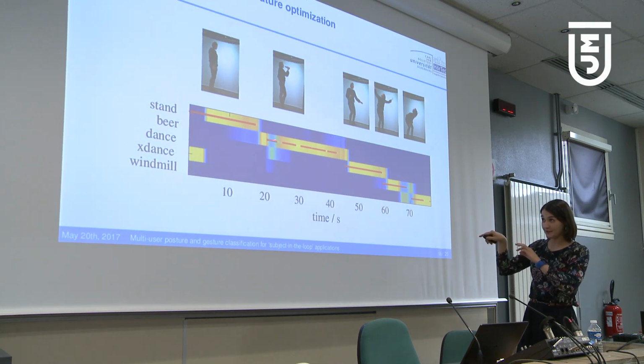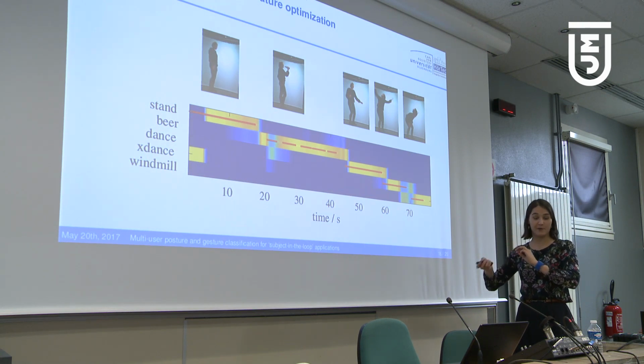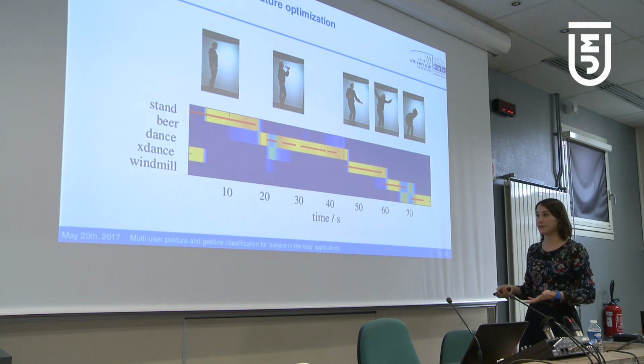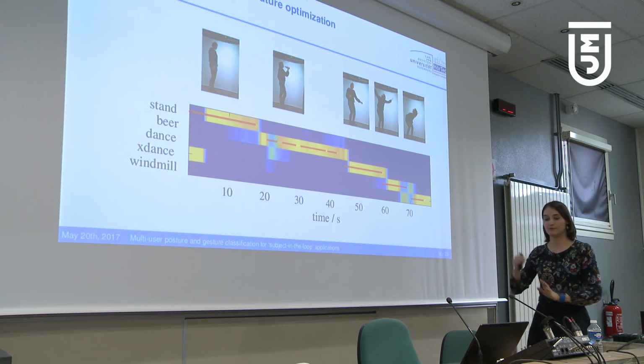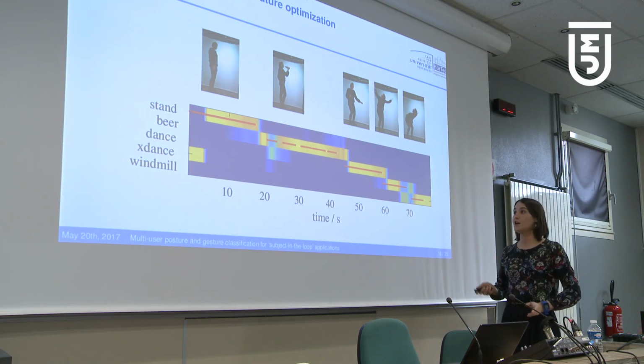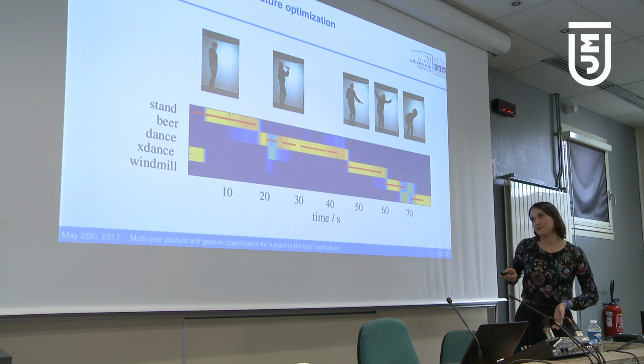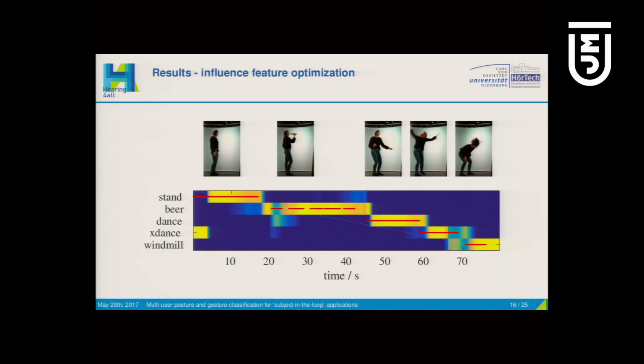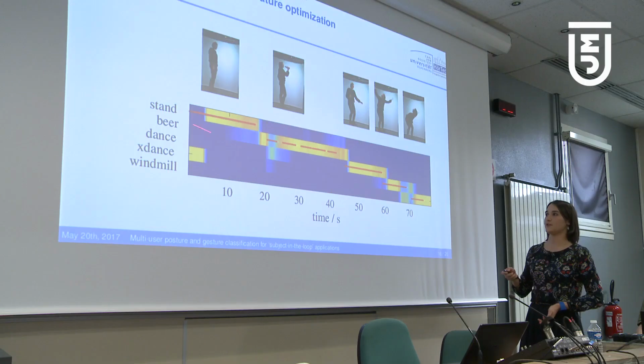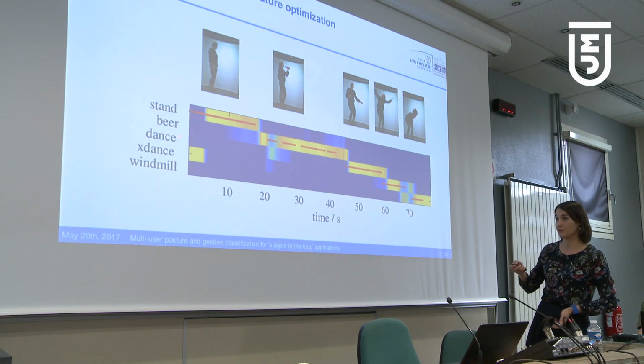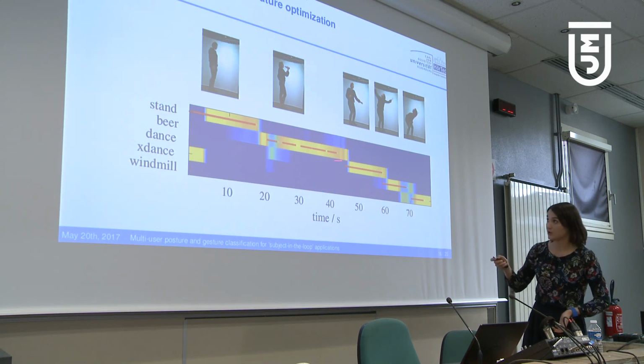The colors indicate the posterior probability found by the final classifier with all the pre-processing. As you can see, it worked quite well here. In most cases it was classified correctly, because the highest posterior probability was for the true class.